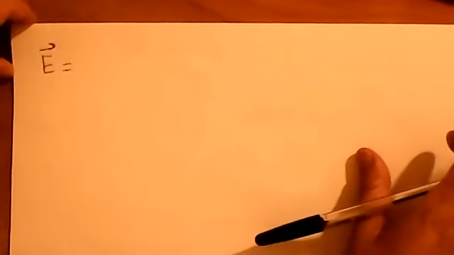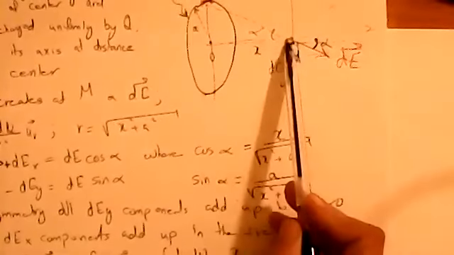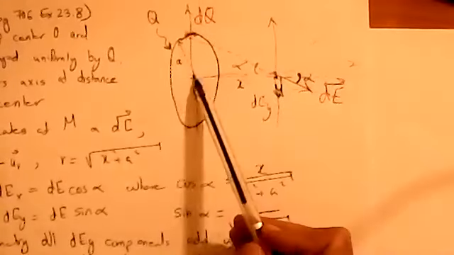Now, the E vector, I want to take the constants out, so it is a plus. k goes outside. x is fixed, it's not variable, it's where I am lying, so it's fixed and I can take x outside. The radius is also fixed, so the denominator is fixed.